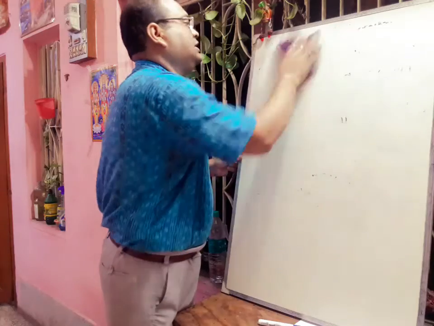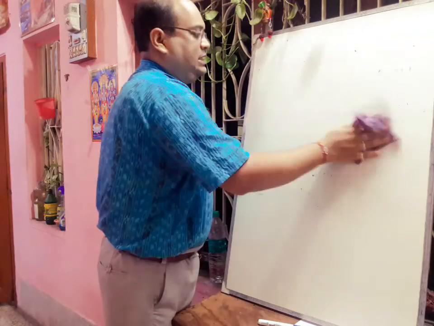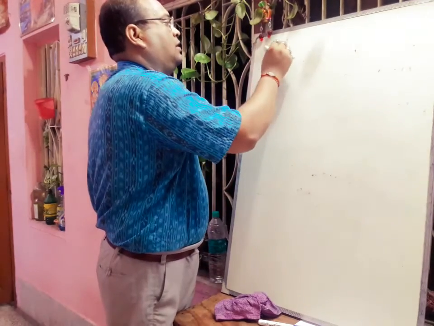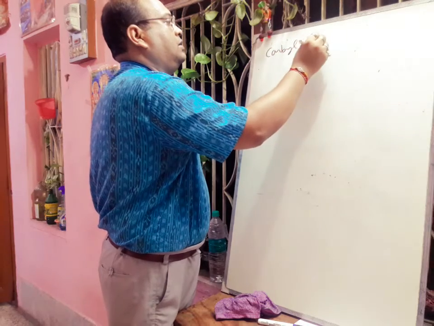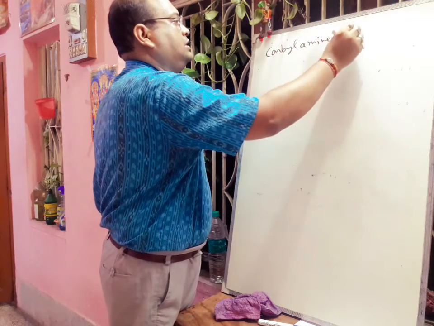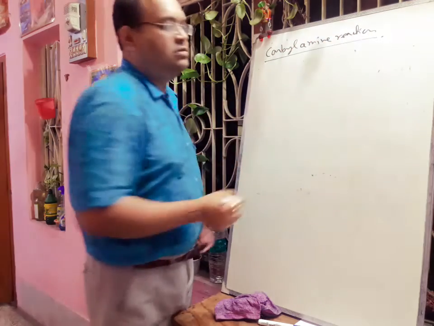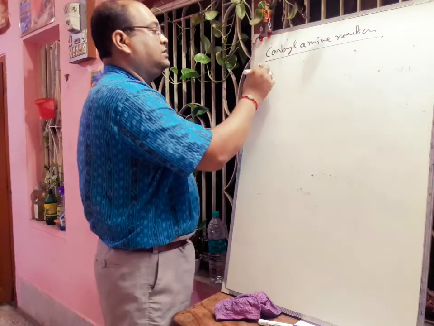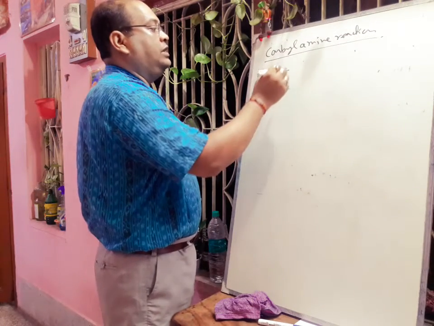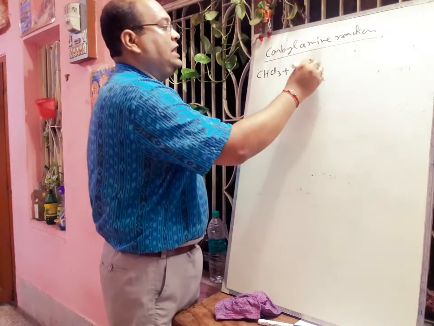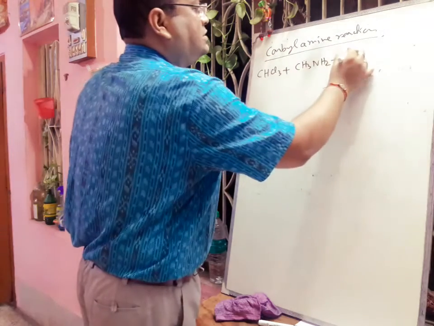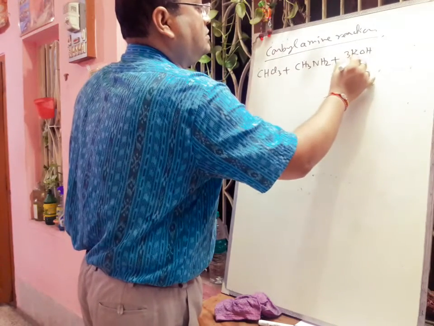Next we will discuss the carbylamine reaction. This is one test for primary amine also. Here chloroform is heated with a primary amine. Here we are taking methylamine in the presence of alcoholic KOH.